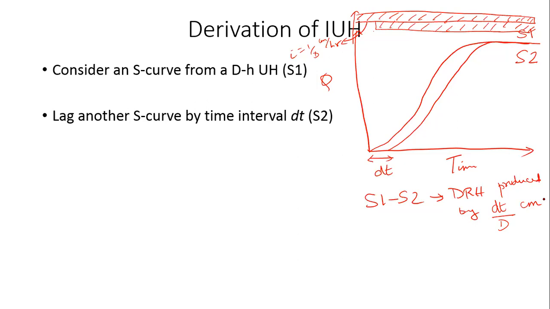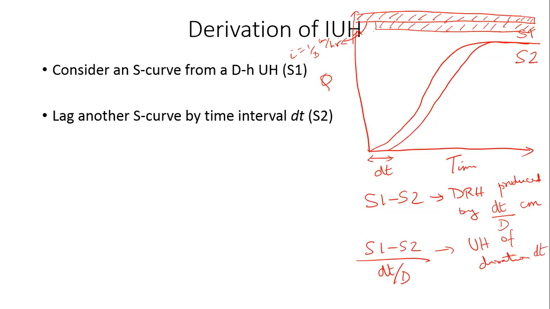Right. So then, if I take this S1 minus S2 and divide it by dt by d, what will I get? I will get a unit hydrograph of duration dt.